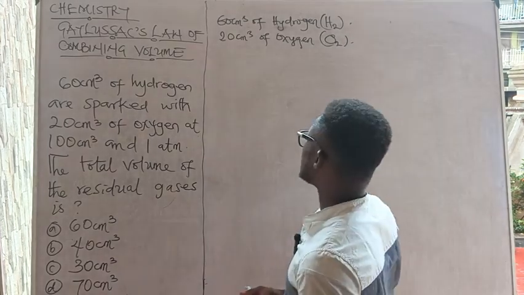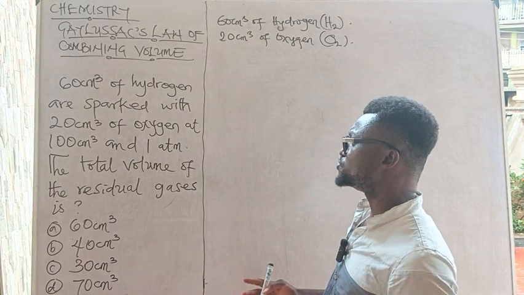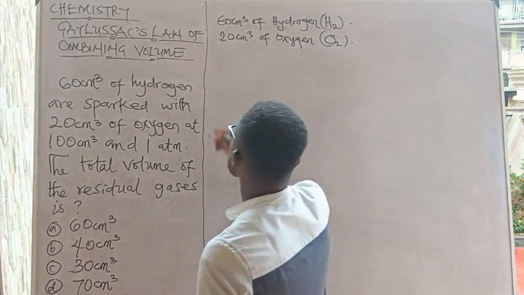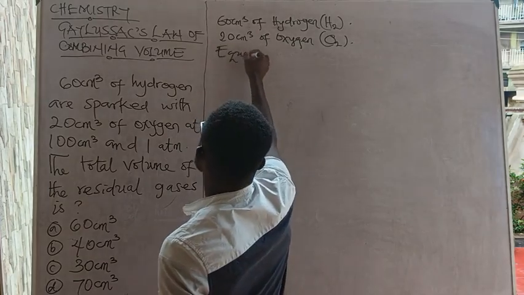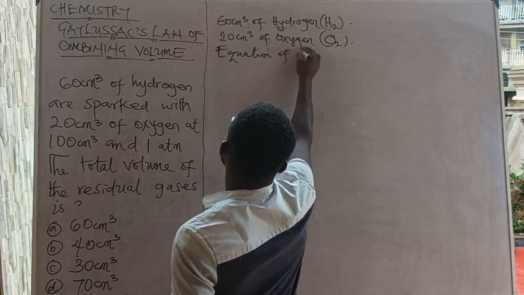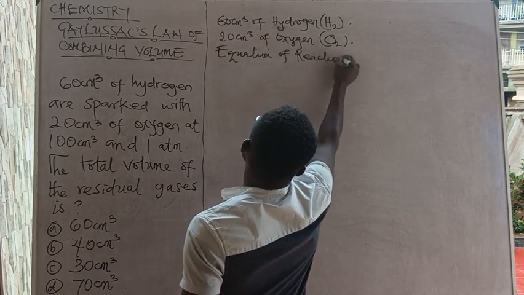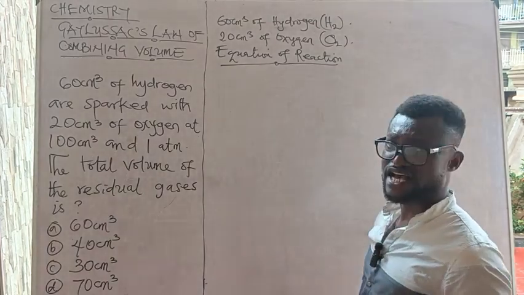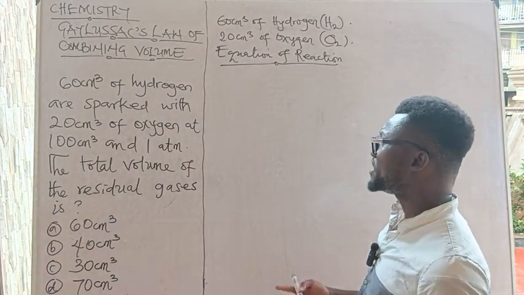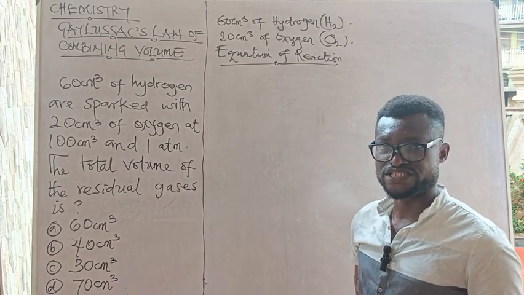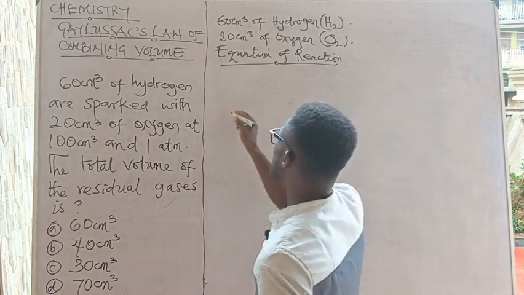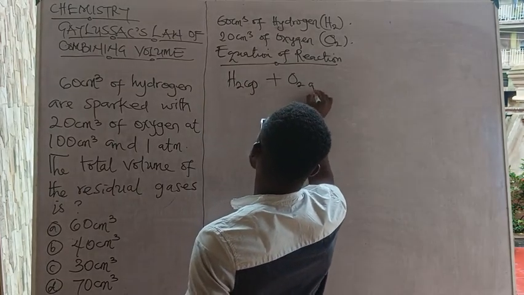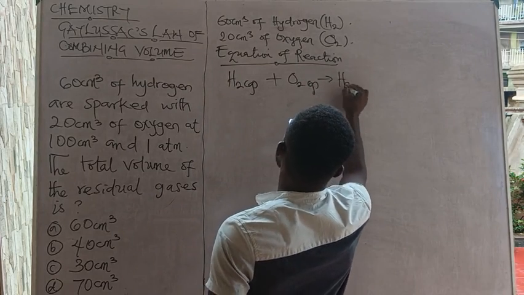Then, at this point, we need to write down the equation of reaction. We have hydrogen gas and oxygen gas being sparked together. Now, when they spark, they will react together to yield steam. So we have hydrogen gas reacting with oxygen gas to give steam.